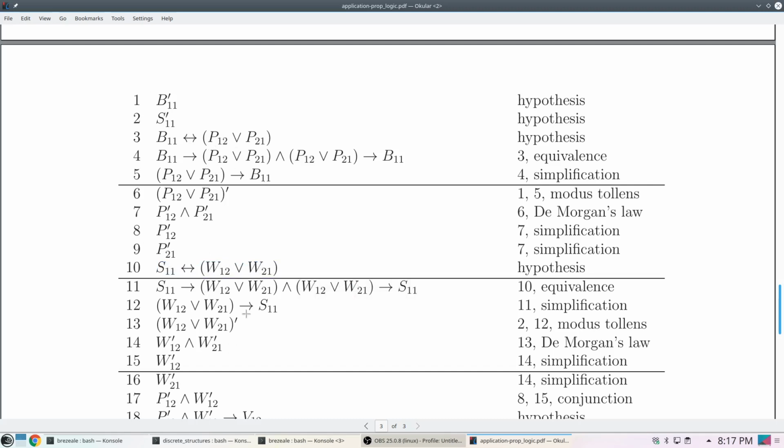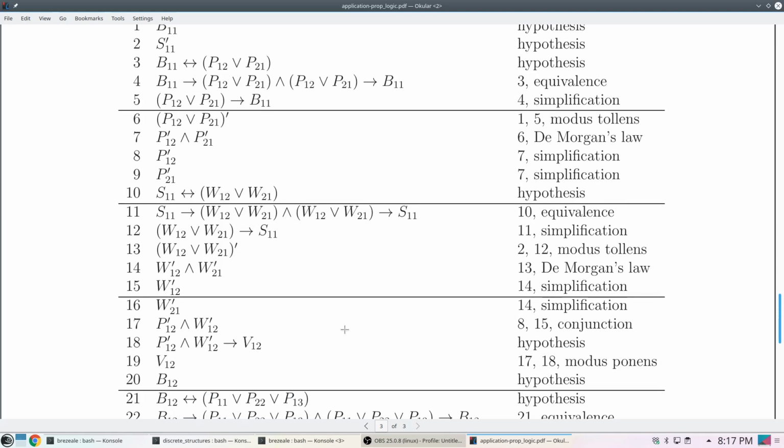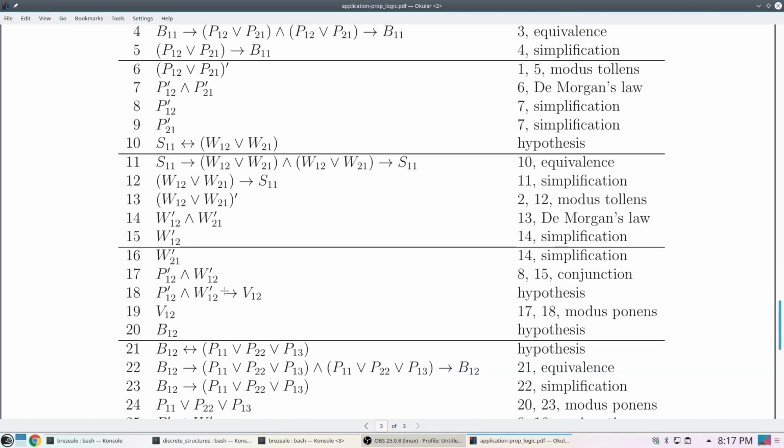I then use simplification to take part of it, use modus tollens on that part, and so forth about 1-2, right? Then I can take a couple of facts I just picked up, not P12 and not Wumpus 1-2, to show that it's safe to visit 1-2.